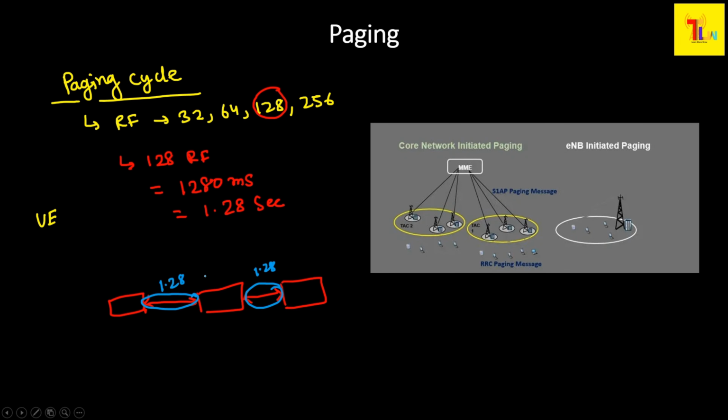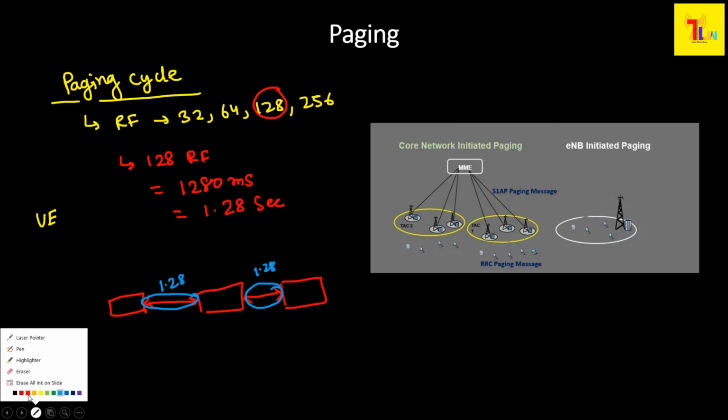So basically at this particular time the UE is in wake up mode and tries to read any of the data. After waking up, if it does not find any paging related information, then again it will go to sleep mode.